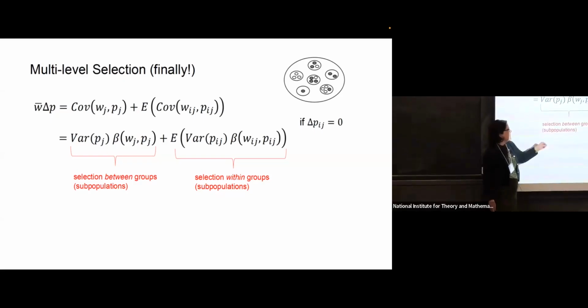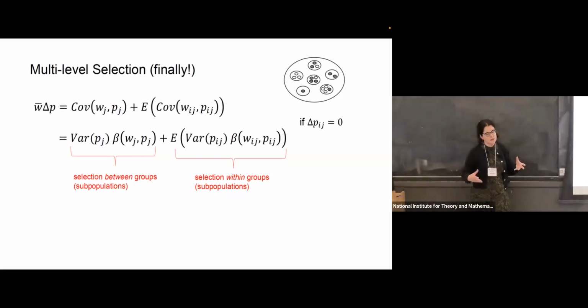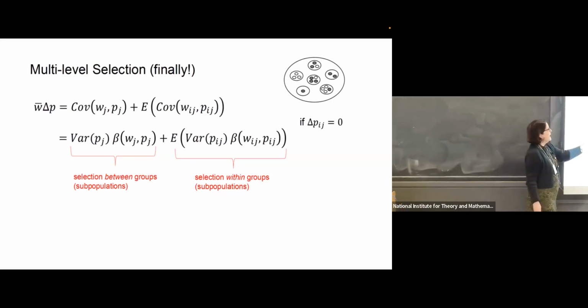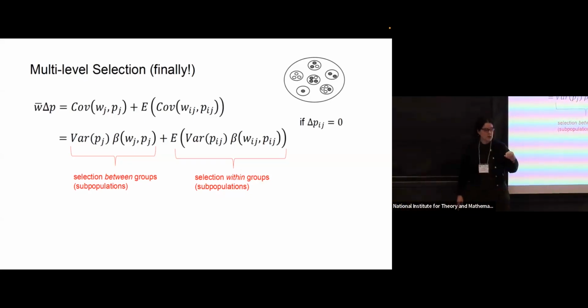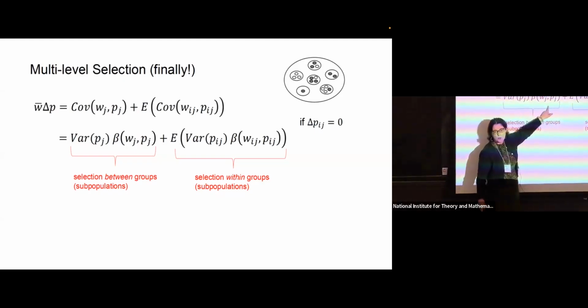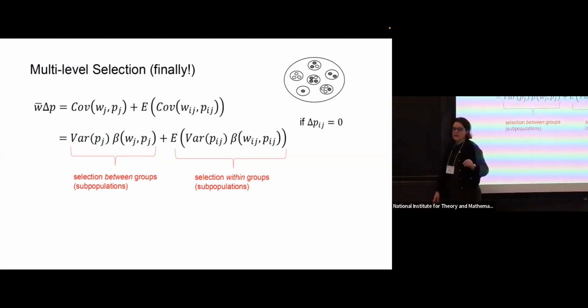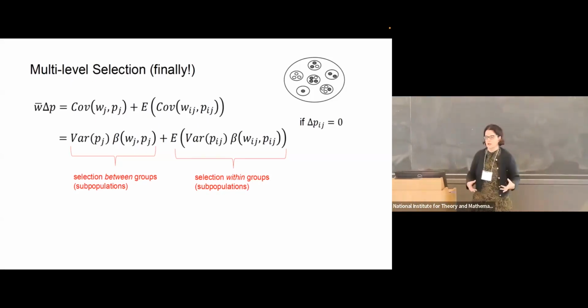One that has to do with selection between groups. Here they were subpopulations, could be something else, but it depends on the variation of J between my subpopulations and the relationship between my group fitness and the frequency in that subpopulation. That's what's usually referred to as group selection.